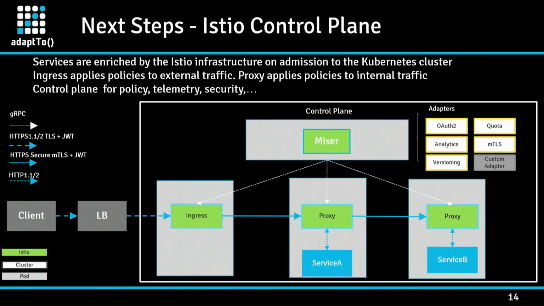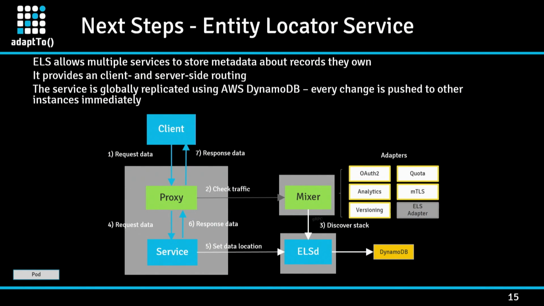Another capability of Istio is that it allows us to apply rules on ingress traffic as well as egress traffic. That's pretty nice. This is how Istio and its components work considering ELS. In the previous picture, you noticed there was just a single router.